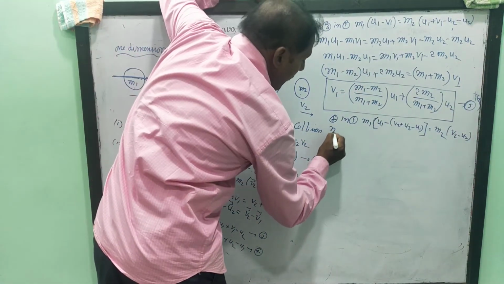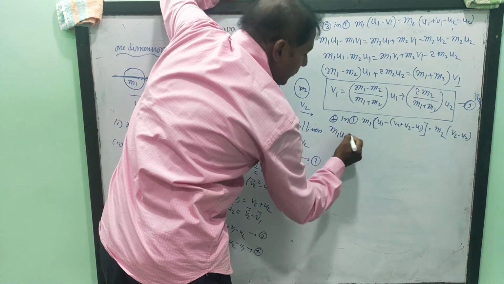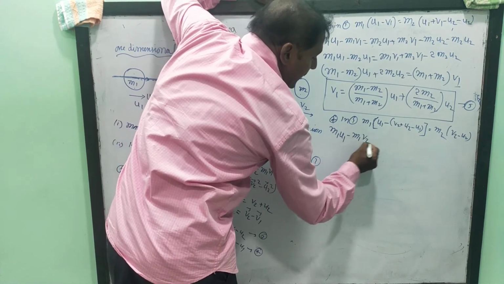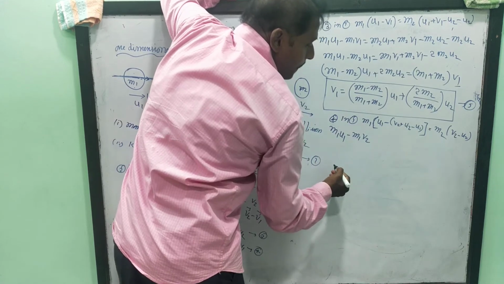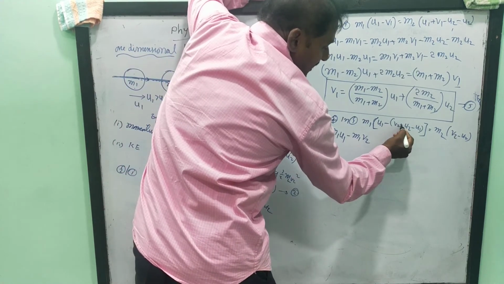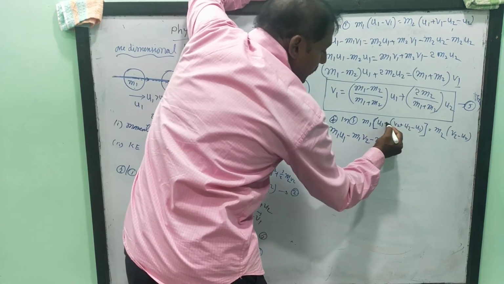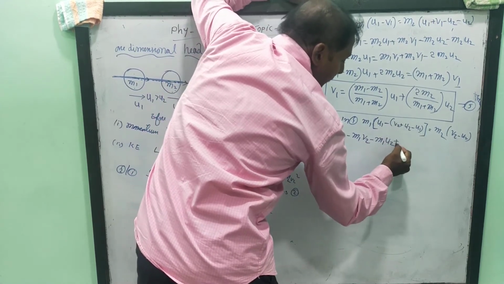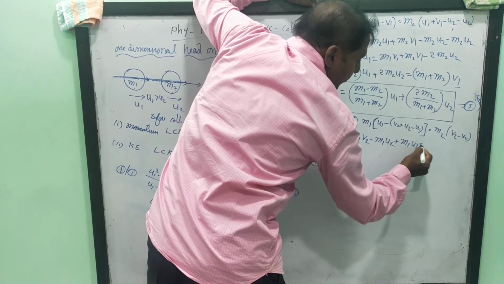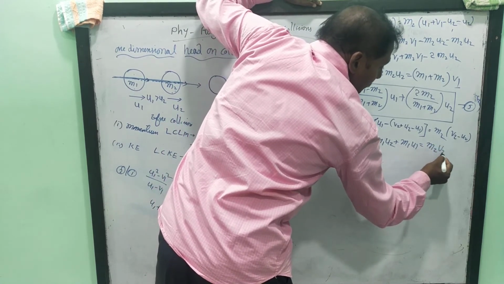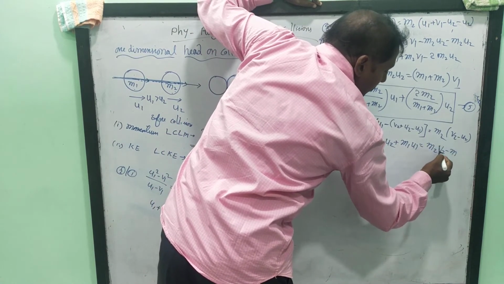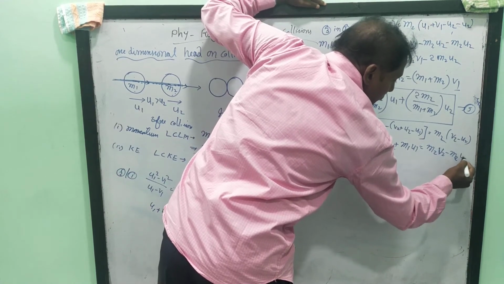So m1u1 minus m1v2 minus m1u2 plus m1u1 is equal to m2v2 minus m2u2.